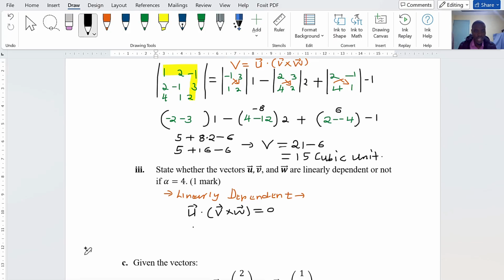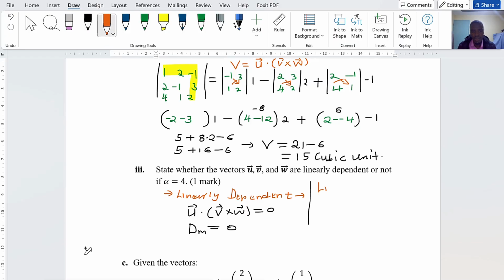Or simply say the determinant of the matrix formed by these three vectors is 0 for linearly dependent vectors. I'm writing them just for notes.